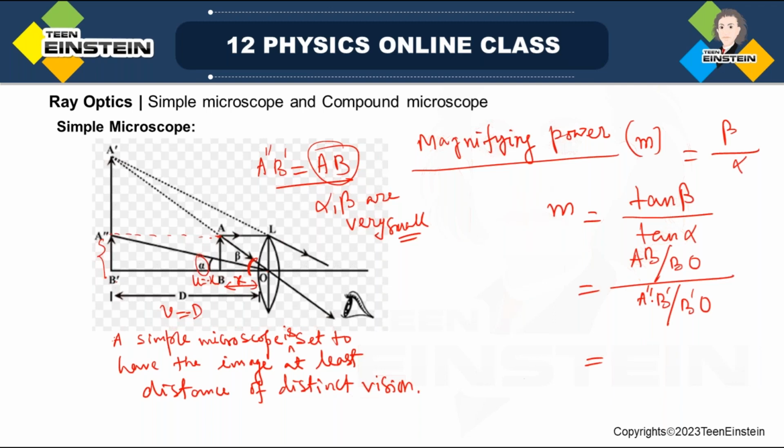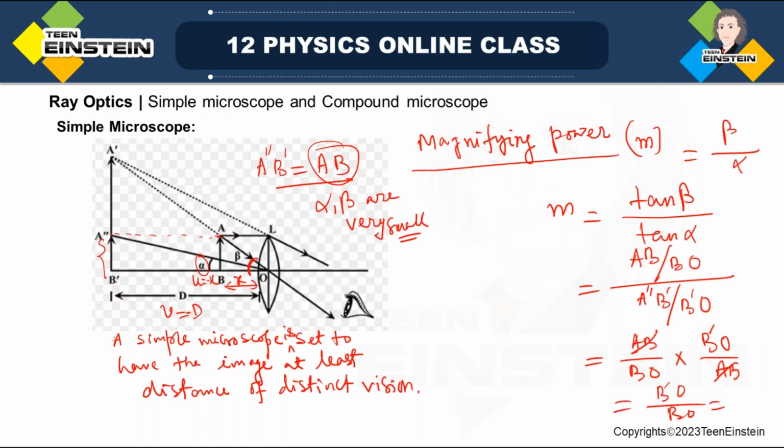See, this A prime B prime, as I said, will be AB itself. So AB by BO, and this will be B prime O by AB. This will cancel each other, and you get B prime O divided by BO.